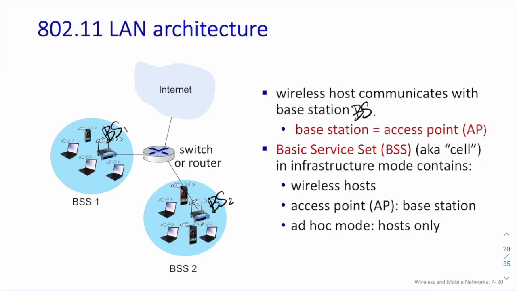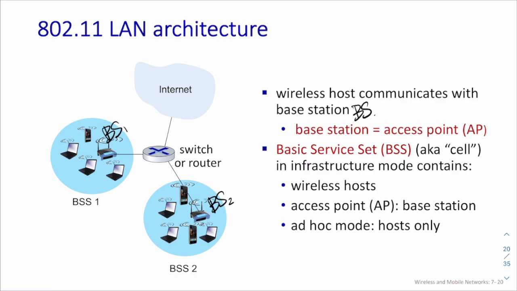Base stations, in the wireless architecture, are access points. We usually use access point to represent the base station in 802.11 architecture, and each access point will have a BSS, basic service set. That means in this range, the base station can reach out to all the underlying mobile devices. They can serve those devices.